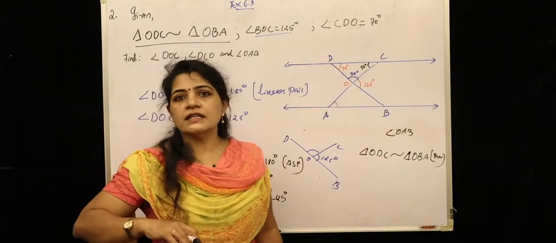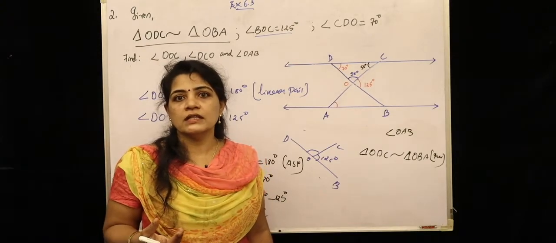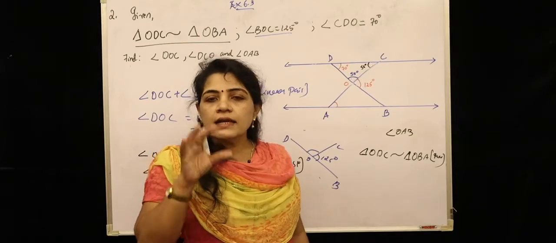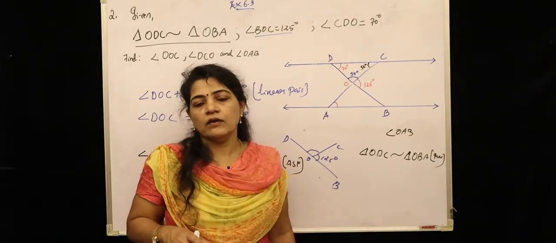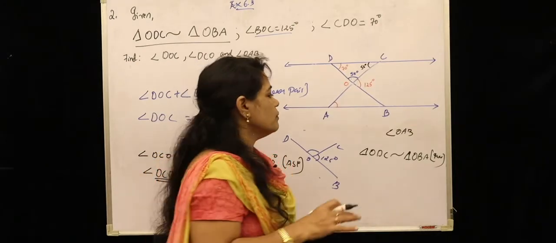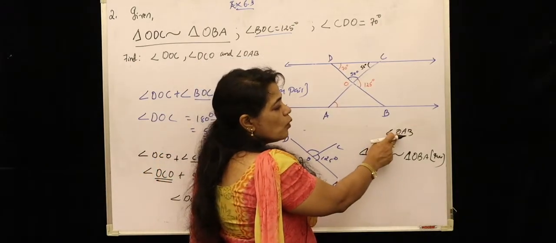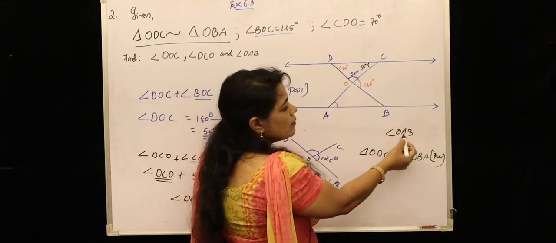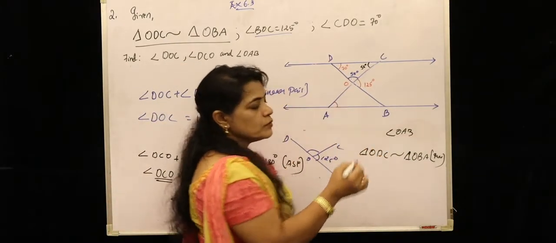See, if two triangles are similar, children, we know it's a property, that is all the three angles are equal or congruent, same, and the sides are in proportional. Okay, angles are same in measurement. Okay, that means, and we need this OAB, and see children, OAB means this angle, the second position.